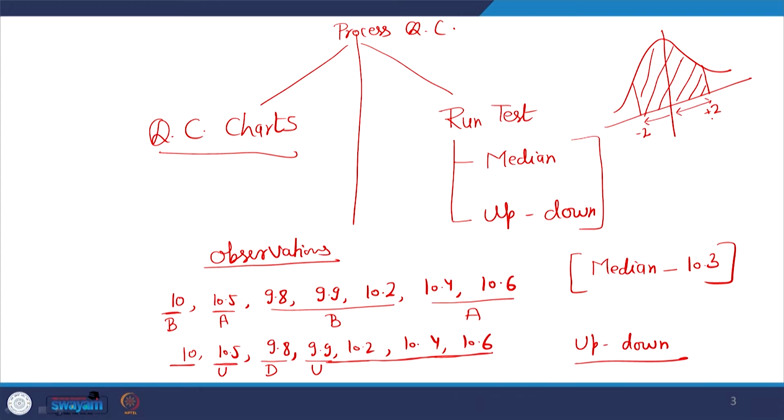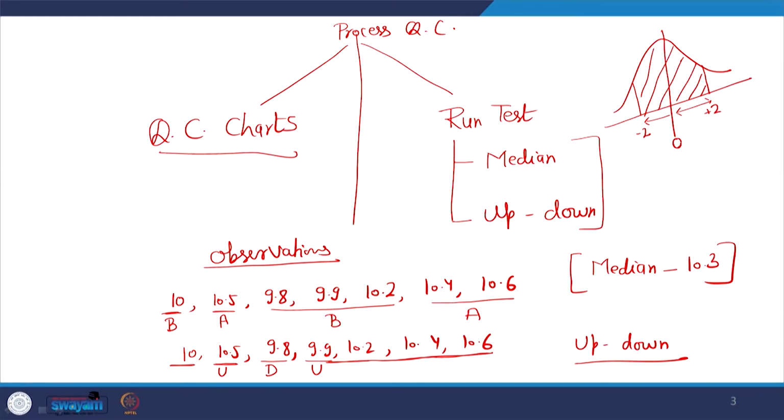It is expected, it is acceptable data. If the observed number of runs and the expected number of runs are equal, in that case the value of z will come 0, and that will mean that your number of runs is exactly matching with the theoretical runs, but that is a very rare situation.